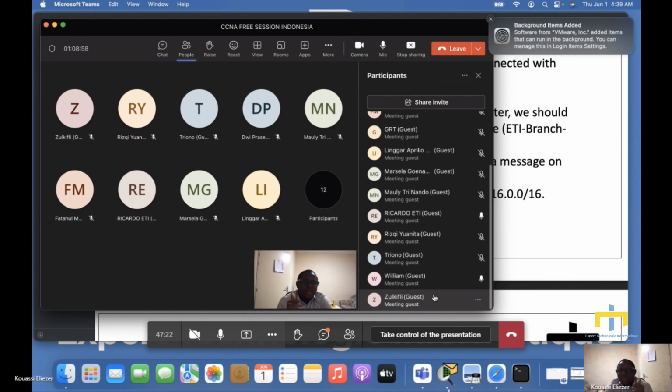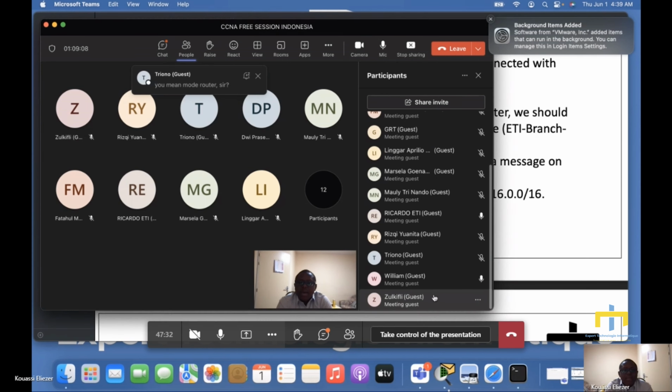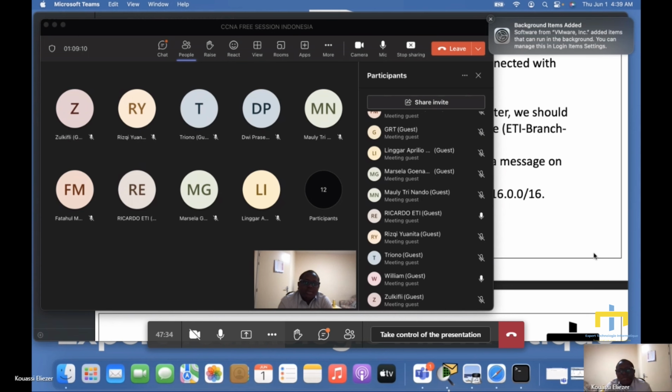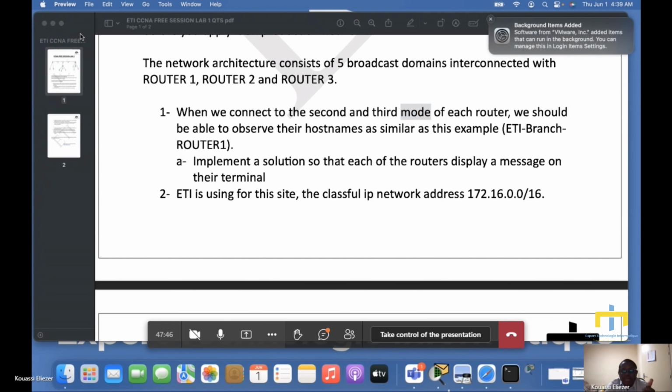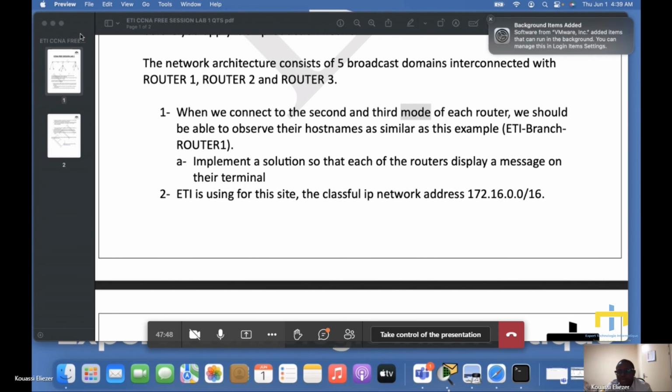So Marcela will tell me the first mode, Triono is going to tell me the second mode, and then William tells me the third mode. Yes, it is written here. See, that's what I said in my question. Mode of the router. How many modes of the router? What is the name of the first mode, the second mode, and the third mode?